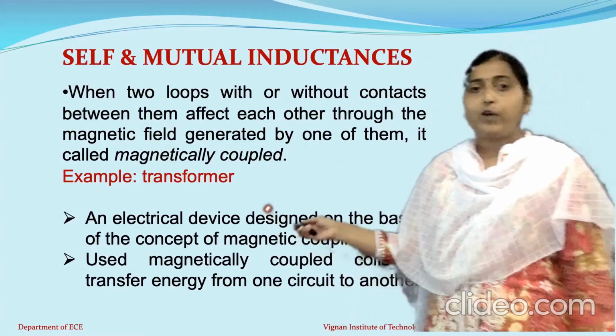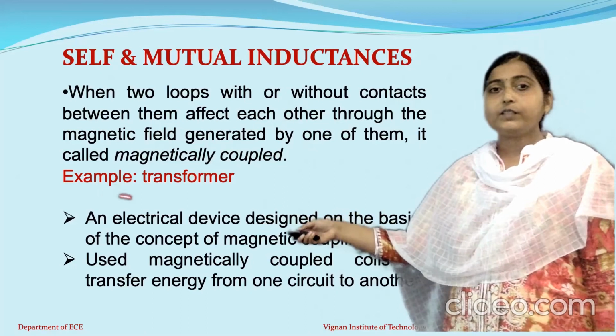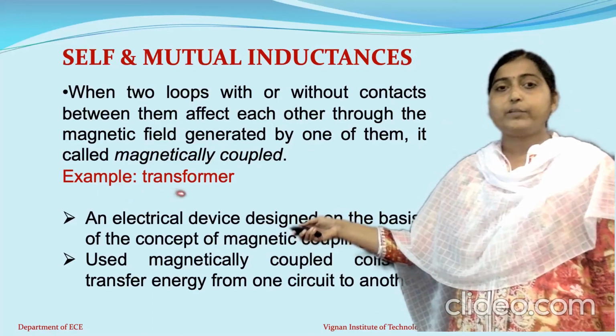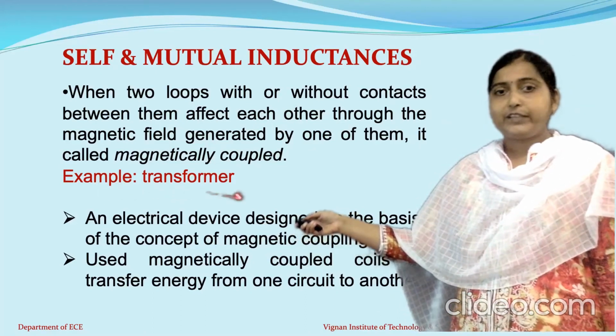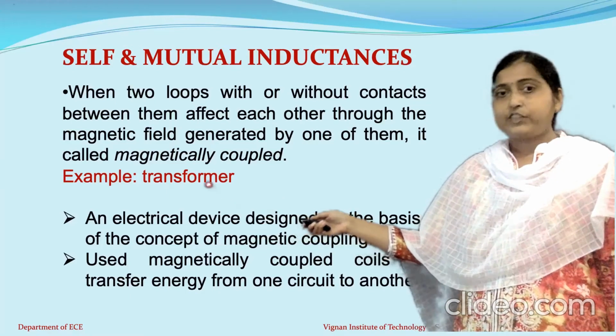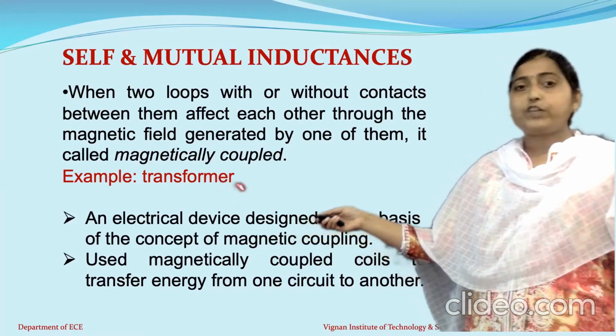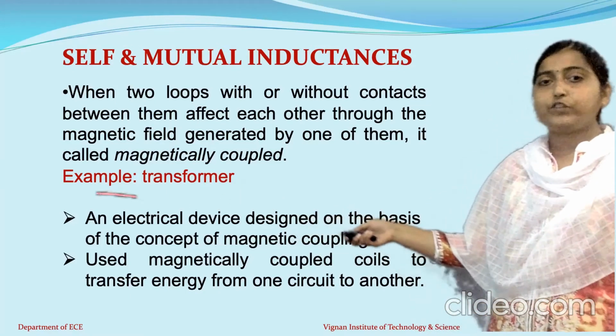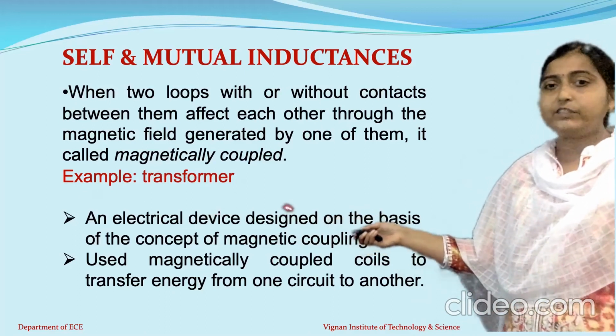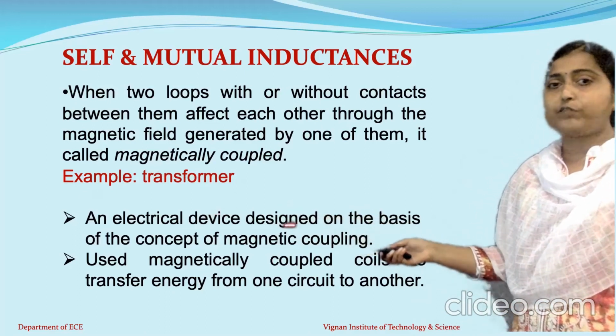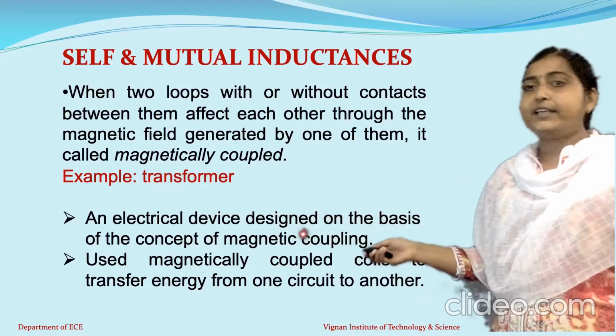If you want to understand the magnetically coupled circuit, the best example is a transformer. What is a transformer? Basically, a transformer is an electrical device designed on the basis of the concept of magnetic coupling.